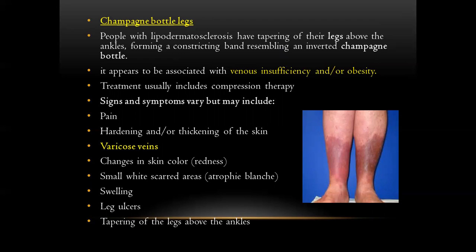Signs and symptoms vary, but may include pain, hardening or thickening of the skin, varicose veins, changes in skin color, small white scarred areas, swelling, leg ulcers, and tapering of the legs above the ankles. Hence, inverted champagne bottle legs are generally associated with venous insufficiency or varicose veins. Varicose veins were in the options.